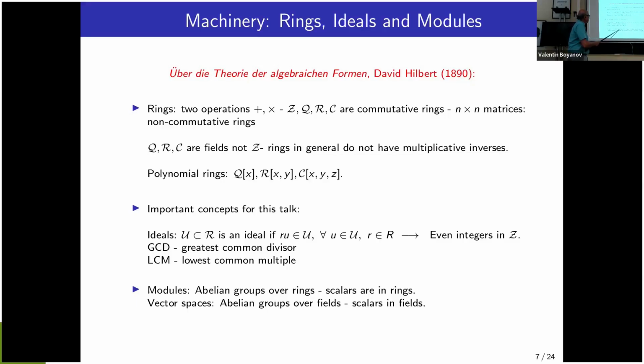Modules are like abelian groups over rings, like vector spaces are abelian groups over fields. But these modules are not so well behaved because they are over rings, because there are no multiplicative inverses. Vector spaces always have a basis. Modules don't. And so what we need here is something like a basis, but those are called generators of the ideal or of the module.